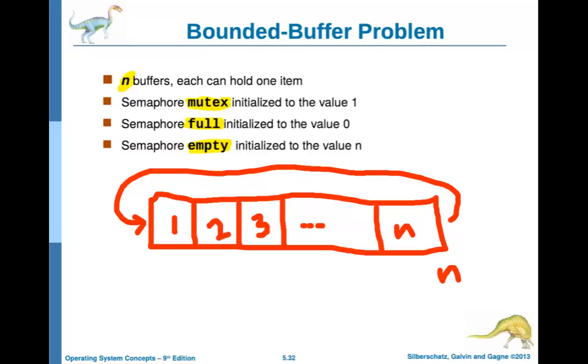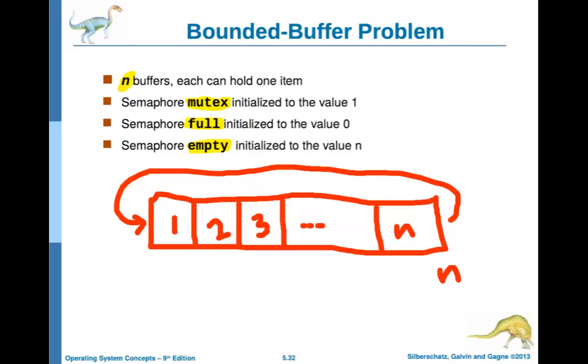Whereas semaphore empty is initialized with n, and the meaning of this is how many empty locations there are. Like full gives how many locations are occupied, the semaphore variable empty denotes how many locations are available for producers.